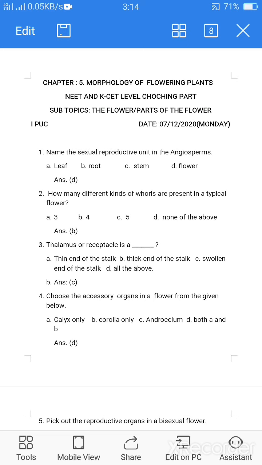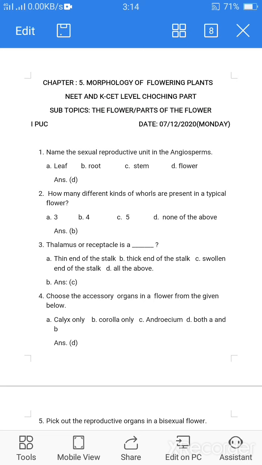Because in a bisexual flower, or in any flower like hibiscus, which is an example of a bisexual flower, from outside to inside there are four major parts. They are present in different rings or whorls. Outermost is calyx, followed by corolla, androecium, and the innermost is gynoecium.